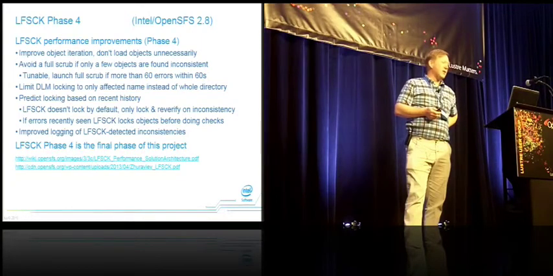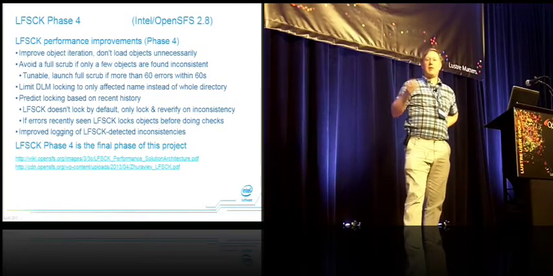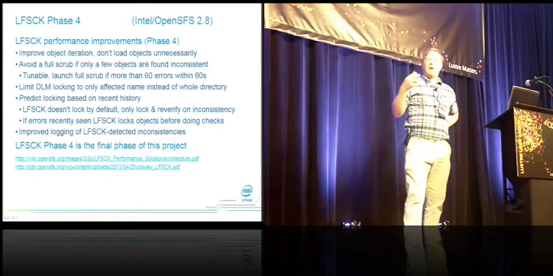Then also improving the logging of LFSCK related messages into the Lustre debug logs. In some cases that means reducing the amount of errors that are logged for low level, developer level debugging, and making sure that whatever is logged at the LFSCK debug level is really useful for administrators to see what's going wrong with the file system.